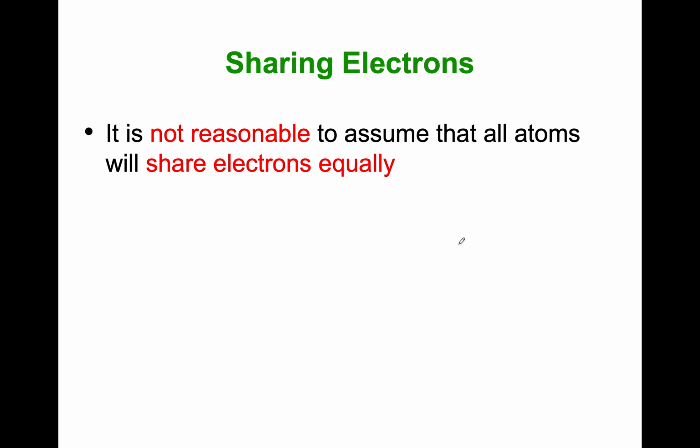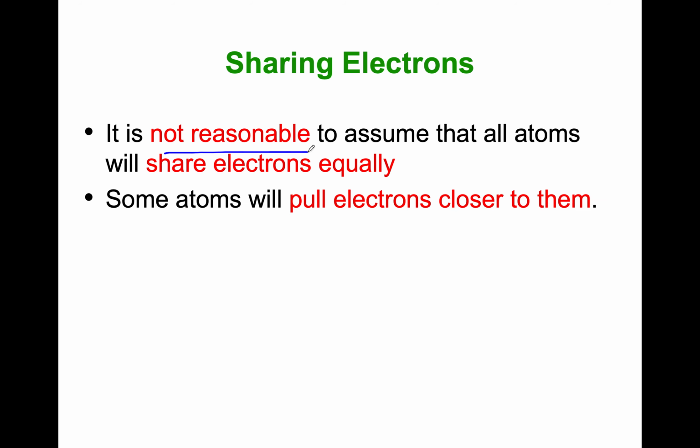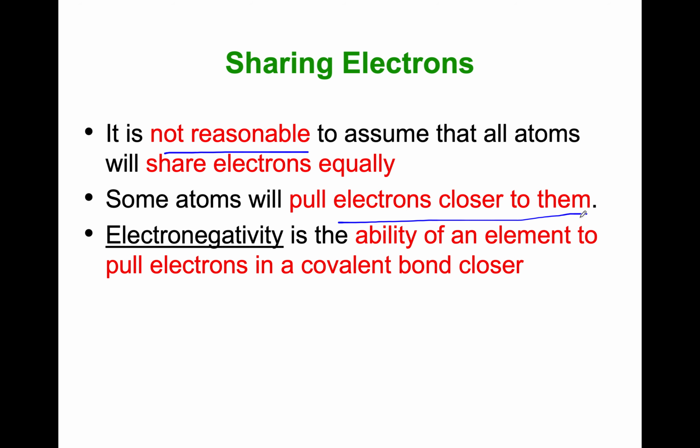So we've been drawing, we've been showing sharing of electrons. Of course, they don't all share equally. I mentioned this earlier. So some, I say, are more selfish than others. They pull electrons to themselves more than sharing equally. A level of selfishness or a measurement of this is electronegativity.